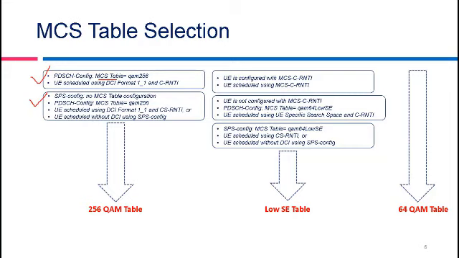Here also, we can have two cases, like dynamic scheduling and SPS scheduling. In dynamic scheduling, when the UE is not configured with MCS C-RNTI, then the eNodeB sends RRC signaling including PDSCH config indicating the MCS table, and this MCS table has to be QAM 64 low SE for this table selection.